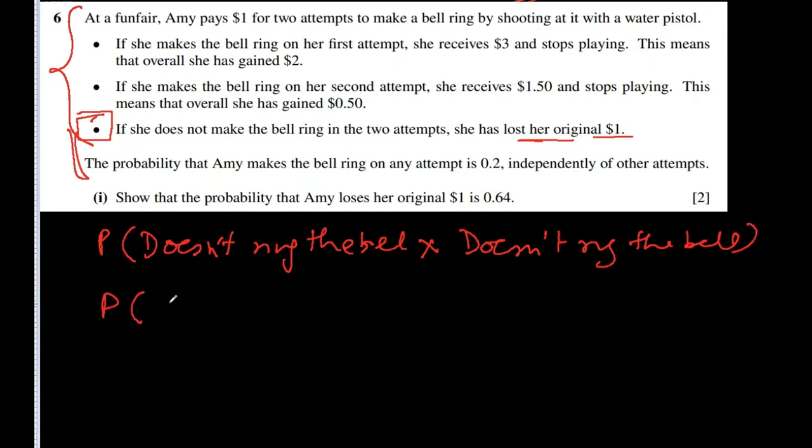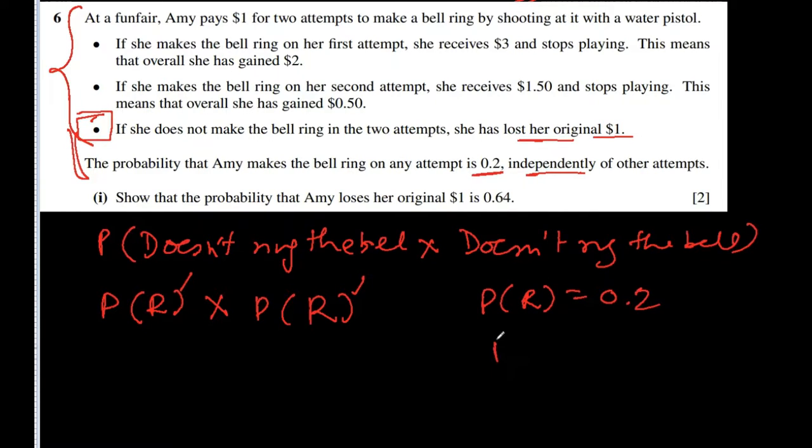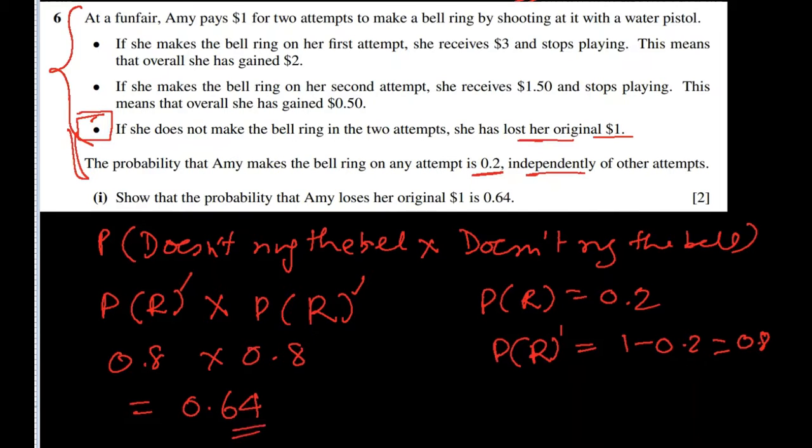So probability that she does not ring the bell first multiplied by probability she does not ring the bell again. She fails to ring the bell both times, and the chance of her ringing the bell is 0.2 every time independently. So probability of not ringing the bell will be 1 minus 0.2, which is 0.8. So we'll write here 0.8 multiplied by 0.8, that is 0.64, and this is what they wanted us to show.